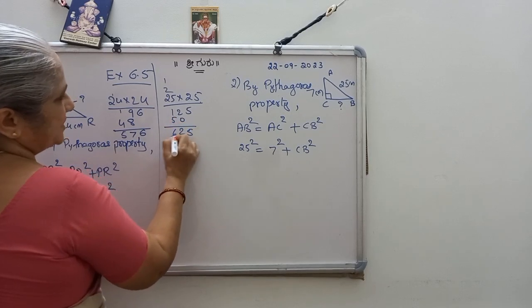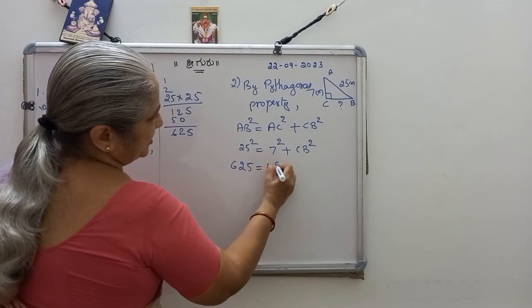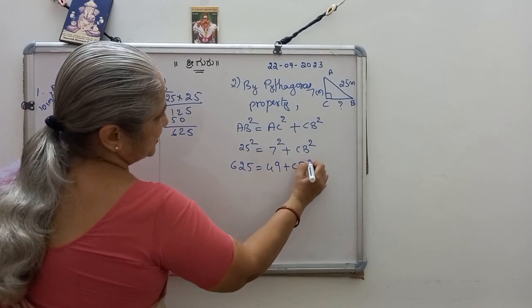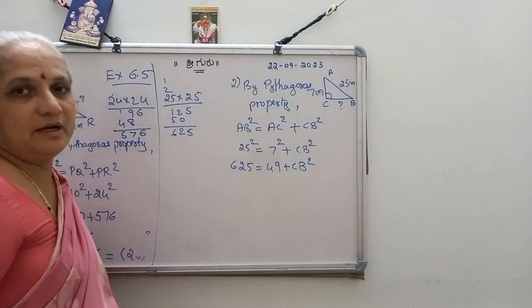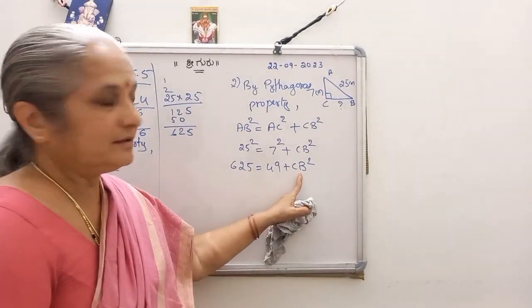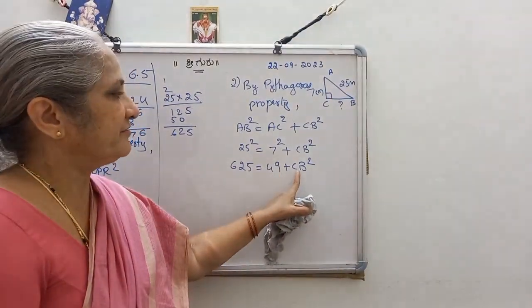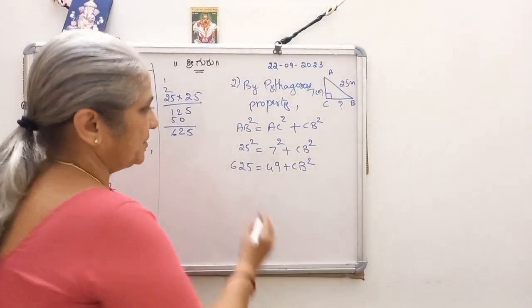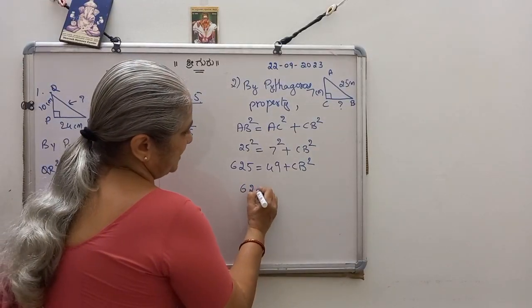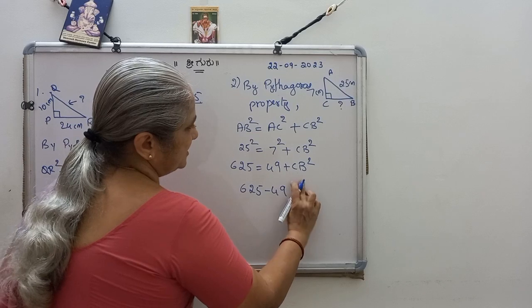So 625 is equal to 7 square, which is 49, plus CB square. And you have learnt simple equations. When one unknown is given and two known quantities are there, you can find the unknown quantity. How? 625 minus 49 is equal to CB square.